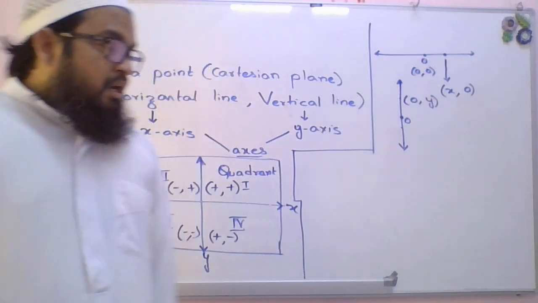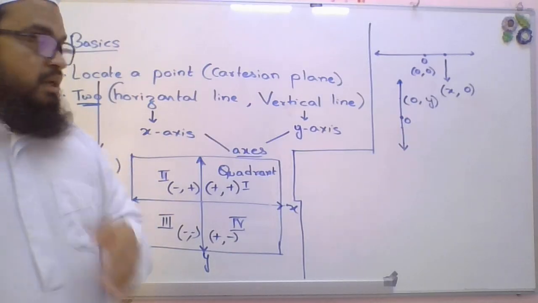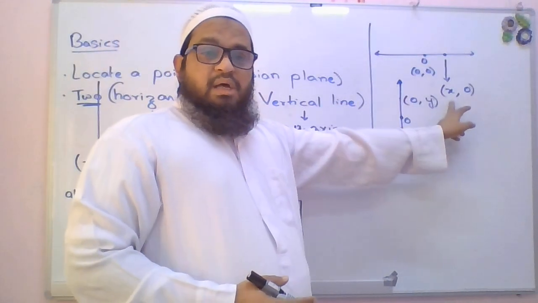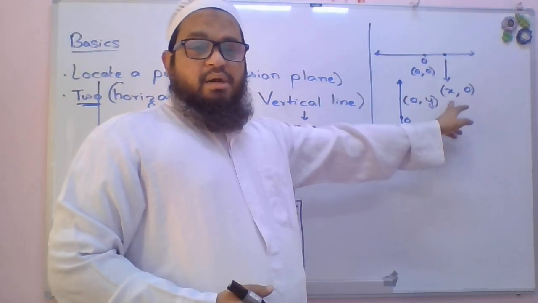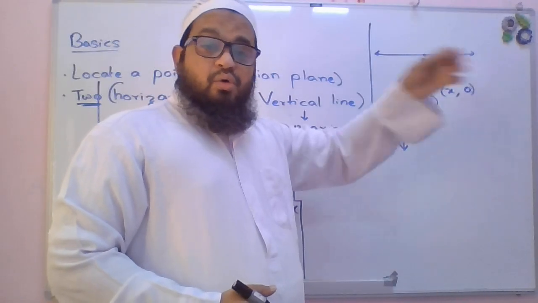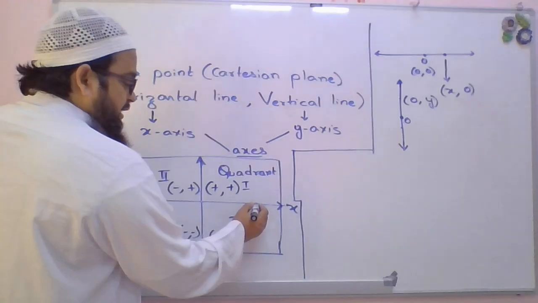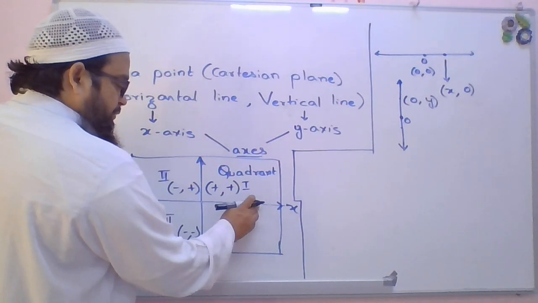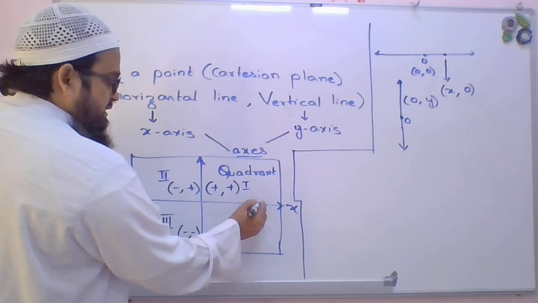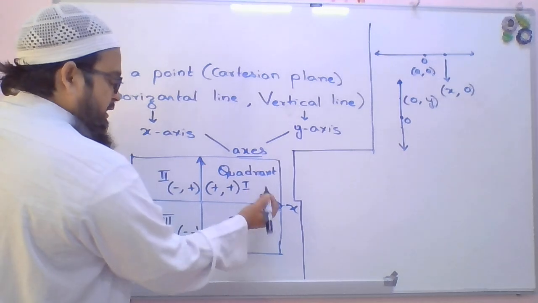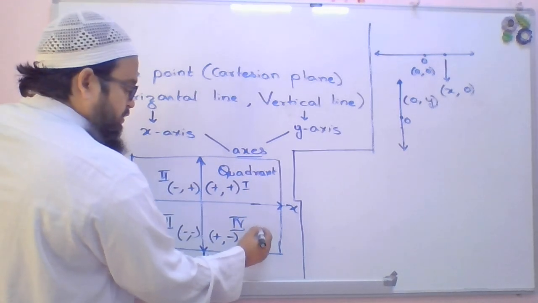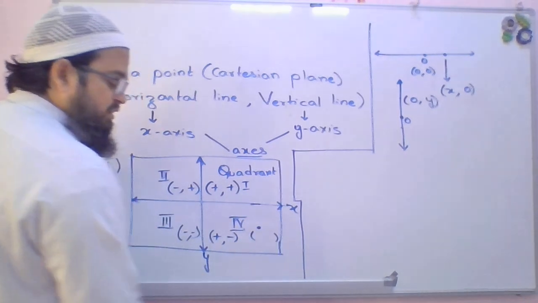Understood or not? Now, sir, how to note the x coordinate and y coordinate? Whenever you take any point anywhere, you have to write the x coordinate first and then the y coordinate.